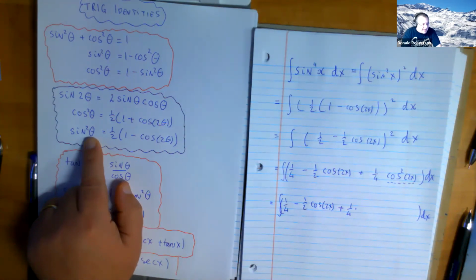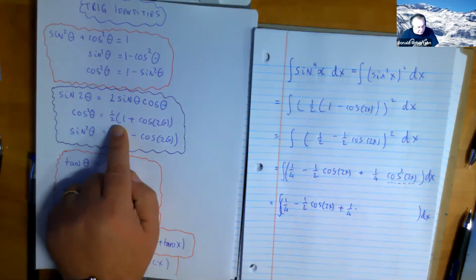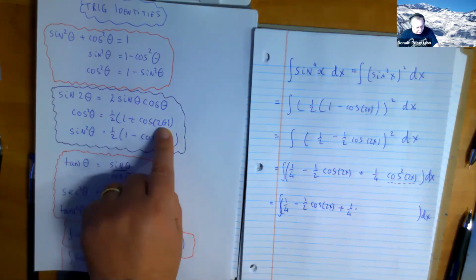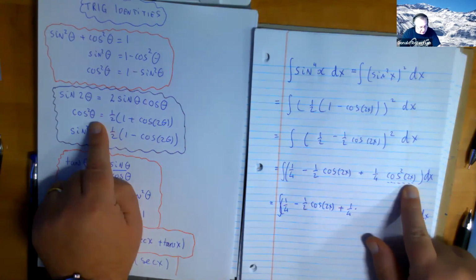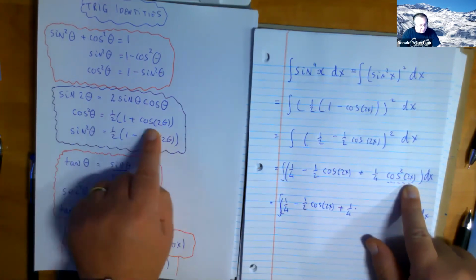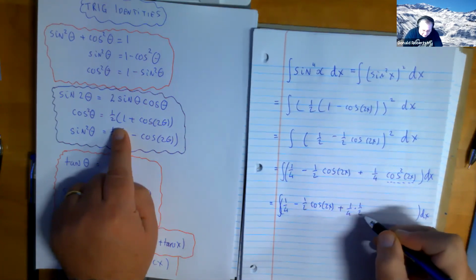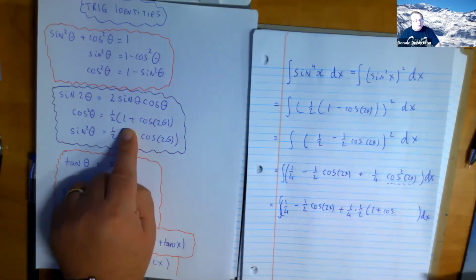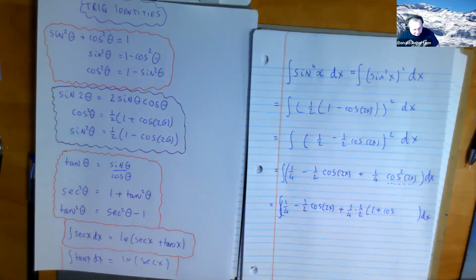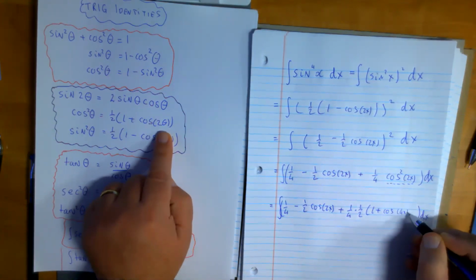Things you can put x into, but you can also put 2x and 10x into it if you feel like it. So can't cos squared be written as a half 1 plus the cosine of 2 theta, right? Now, if theta happens to be 2x, I can still use this. I just adapt. So what's the adaptation going to be? It's going to be a half 1 plus the cosine of how many x now? 4.